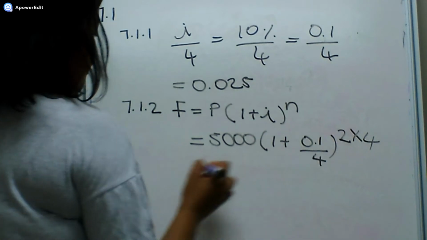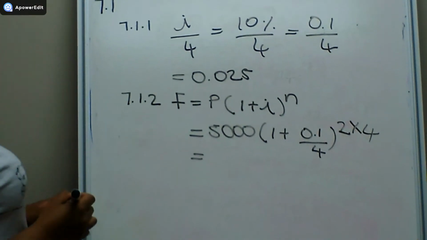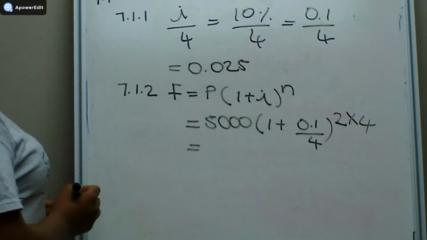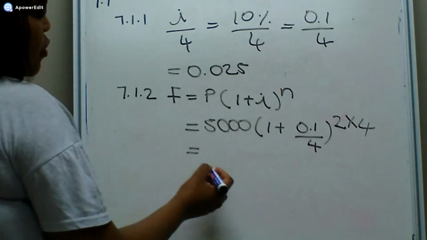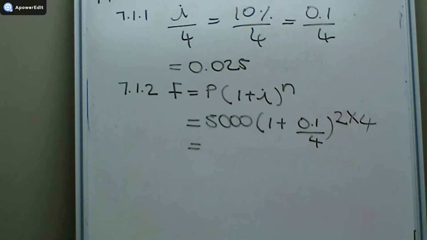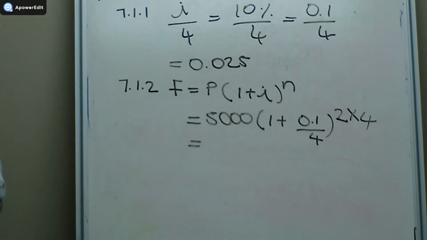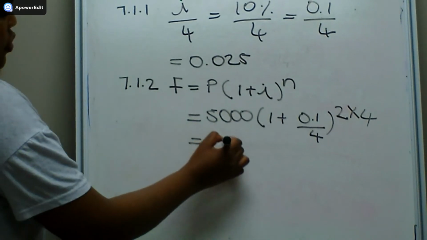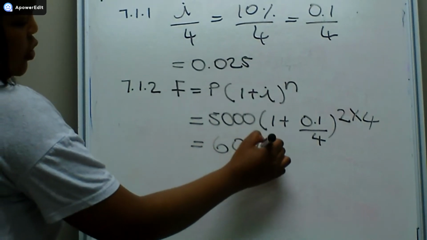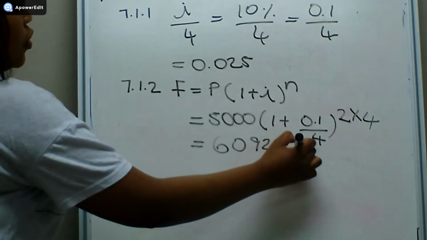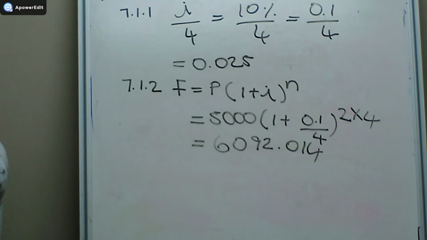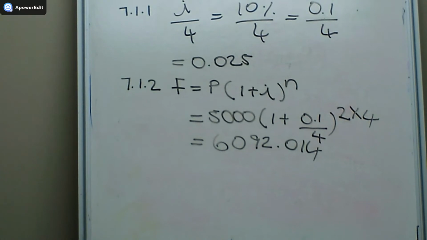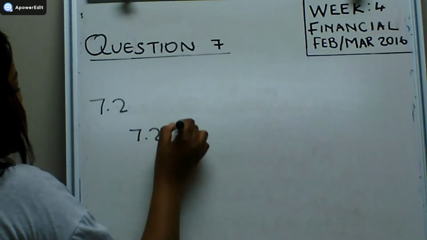The 0.1 stands for 10%, divided by 4 since it's quarterly, and you multiply it by 2 for the n, which is 2 years, and you multiply by 4. The 4 stands for quarterly. So what you do is you divide your i by 4 and you multiply your n by 4. That is for quarterly, and then you get your answer to be 6092.014. Moving on to question 7.2.